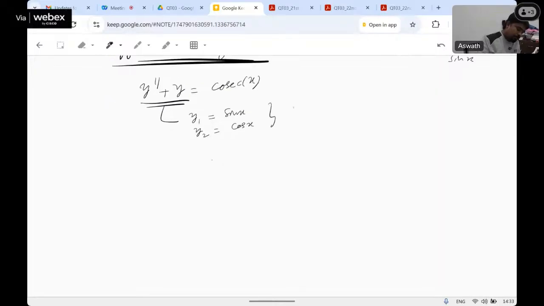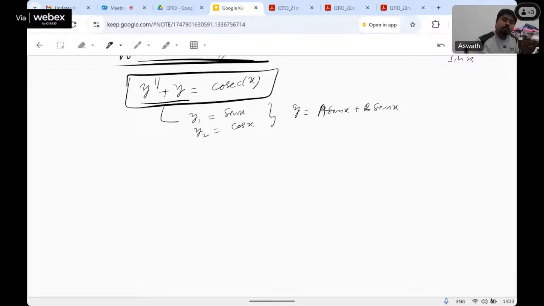So the generic solution would be some a sin x plus b cos x. But what we want is the solution for the entire equation. Let me say the solution of the entire equation is y0(x) equal to v1(x) sin x plus v2(x) cos x. That is possible.